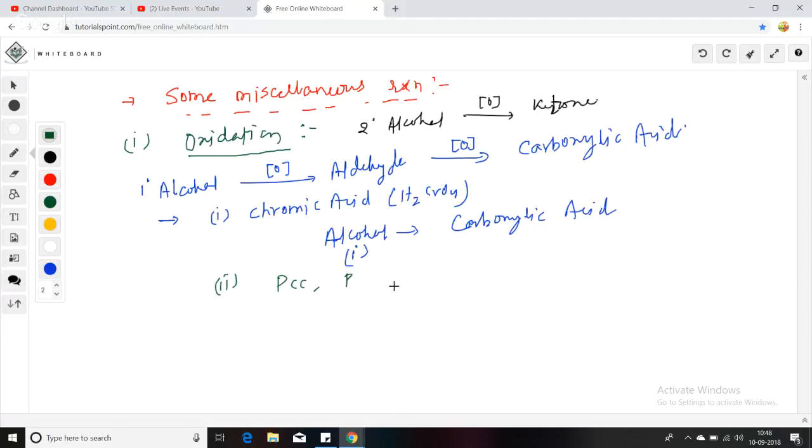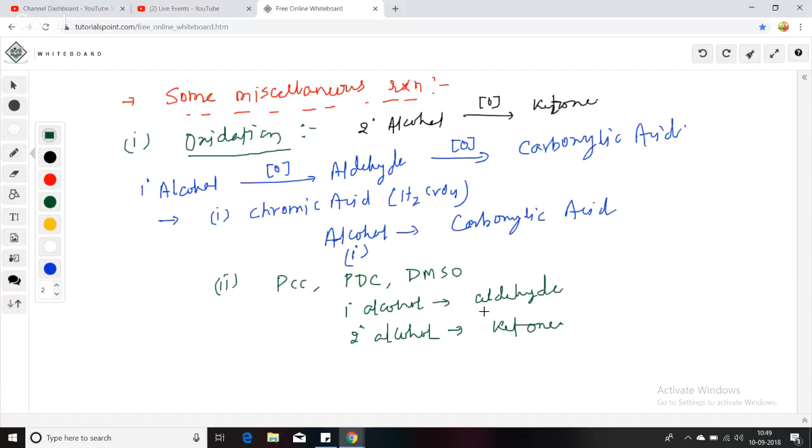PDC, PCC, PDC, and DMSO. All these give you aldehyde, or I write it down like this: 1 degree alcohol gives aldehyde for these reagents, and 2 degree alcohol gives ketone.